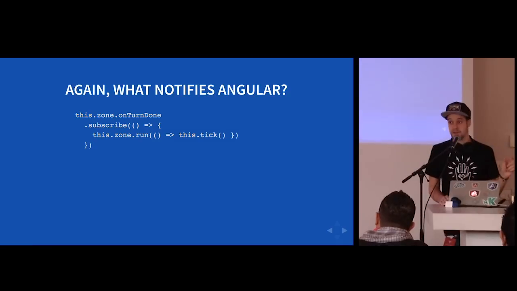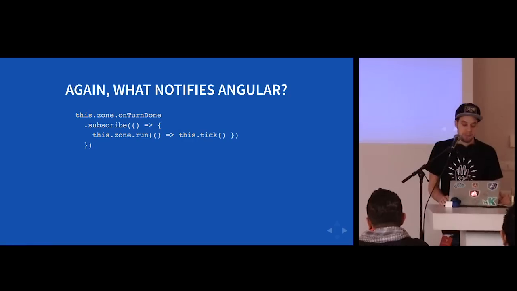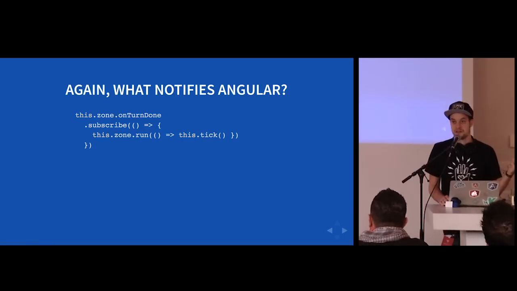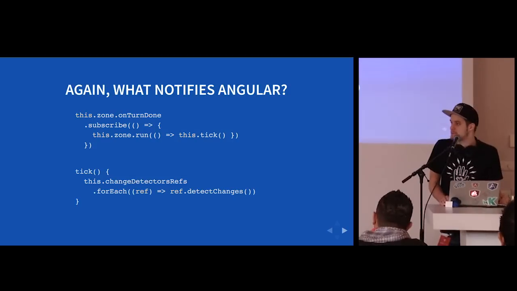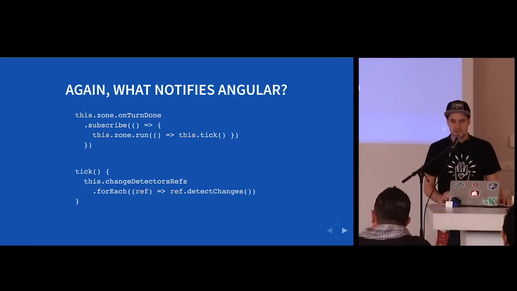It subscribes to the onTurnDone event, which is the event that is executed once a turn is done, which is basically a task, something like setTimeout or an event listener, right? And once that is fired, it executes something called tick in the same zone. Now tick is simply this function here. It calls detectChanges on all change detectors in this application. I'm going to explain in a second what that means, but for now, just keep that in mind.